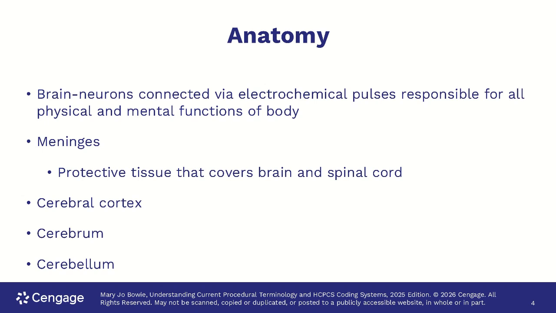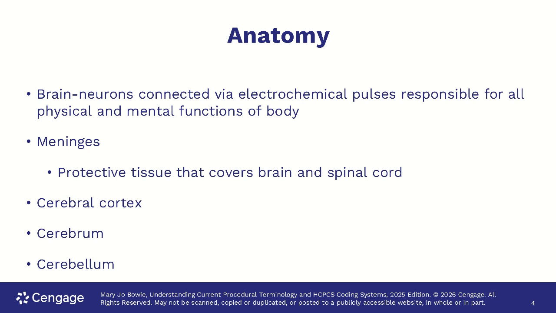And the meninges are divided into three parts. There was a cartoon or something that went over these, but the three parts of the meninges are the dura mater, the arachnoid matter, and the pia mater. So the outermost layer is the dura mater. The middle layer of the meninges is the arachnoid matter, and then the innermost layer is the pia mater.